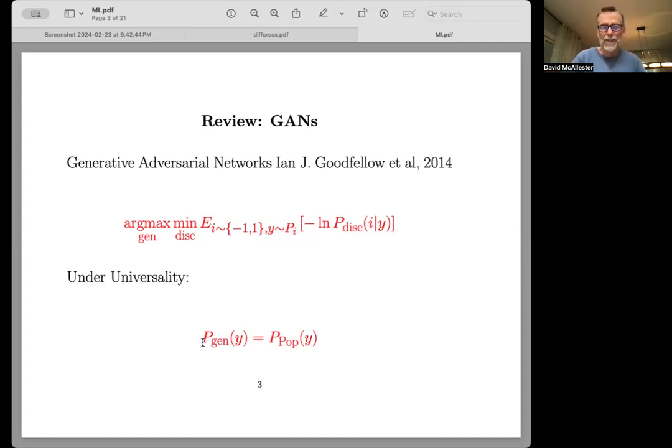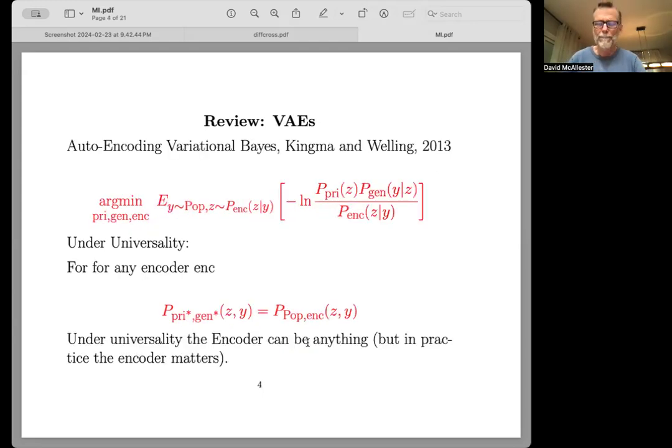The theorem is that the optimal generator, generator star, under a universality assumption must generate exactly the population. This is a theorem that upset many theorists because the universality assumption here is so crazy, but GANs have proved to be very effective. It just shows the power of the universality assumption. Again, this is review. It's good to get a high-level overview picture of where we've been and where we're going.